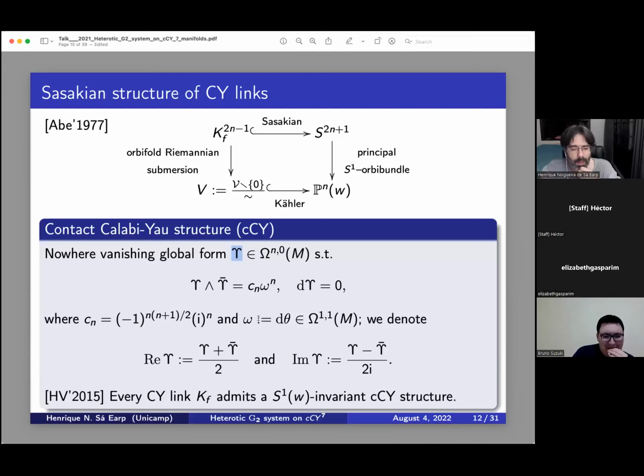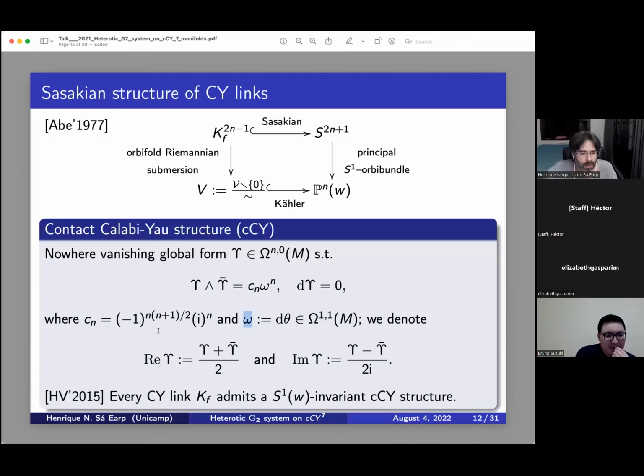And the derivative of it, say theta here, it should be eta, which is the contact structure, will behave like the Kähler 1-1 form. And indeed, it relates to the real and imaginary parts of epsilon by a volume relation, completely analogous to the Kähler setting, right?